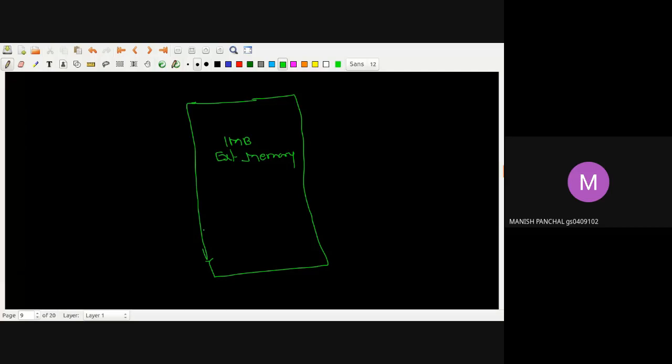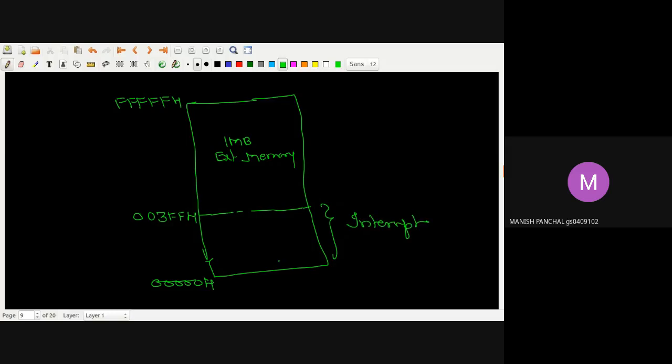If the memory starts from location 00000H and ends at location FFFFFH, then I will say that up to this location, this is reserved for interrupts.